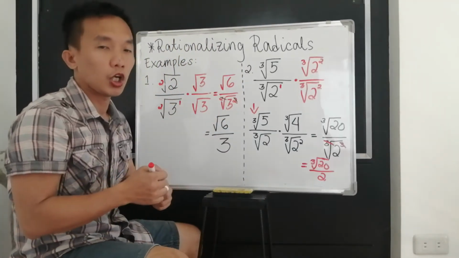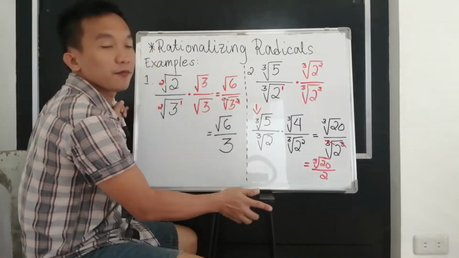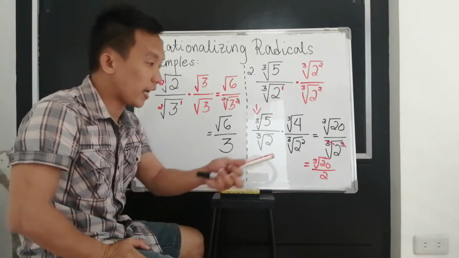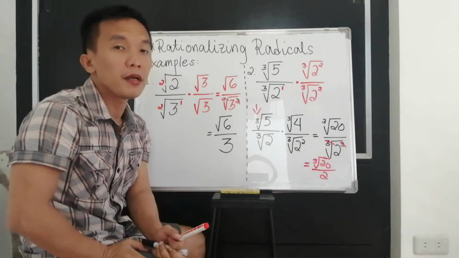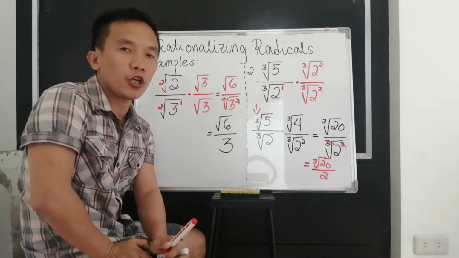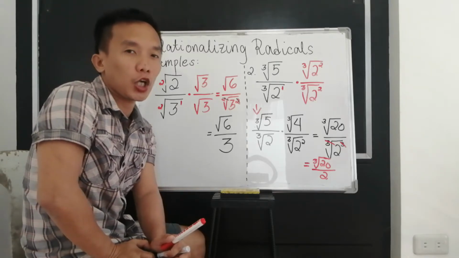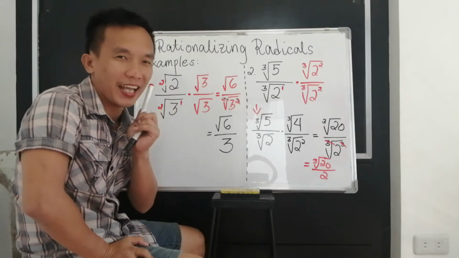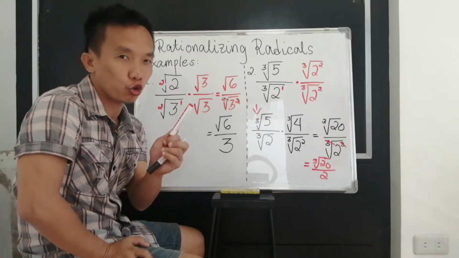And notice, cube root of 20 is already in its simplified form because you cannot find anything that you can extract from your 20. That is a cube root. So that is our answer for example number 2.